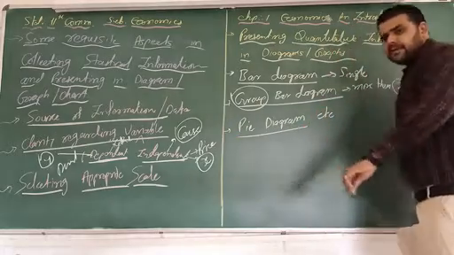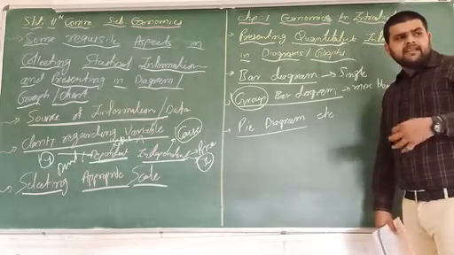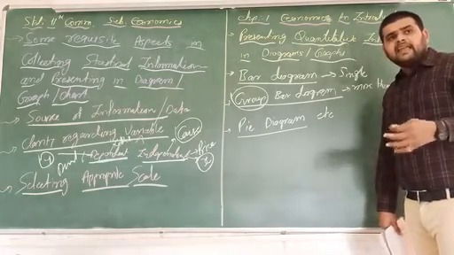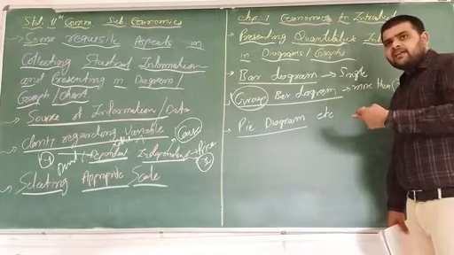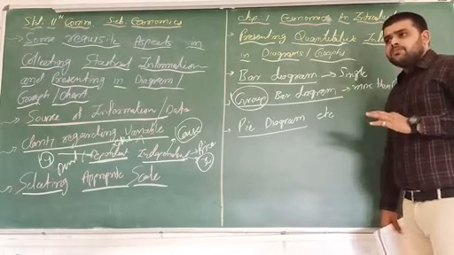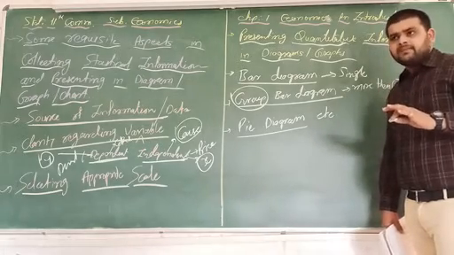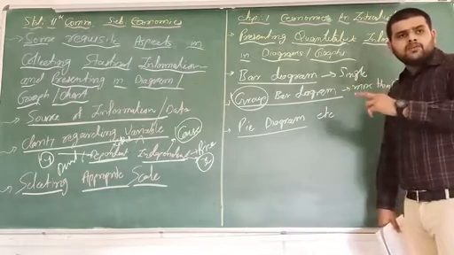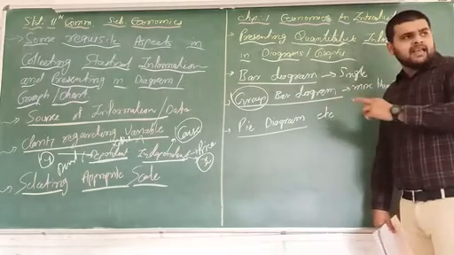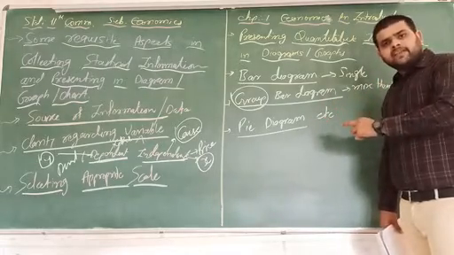When we convert all the data into degrees, at that time we use this type of chart. So here we have to use three types of diagram: number one, bar diagram; number two, group bar diagram; and number three, pie diagram.